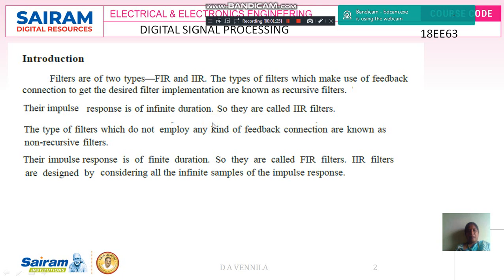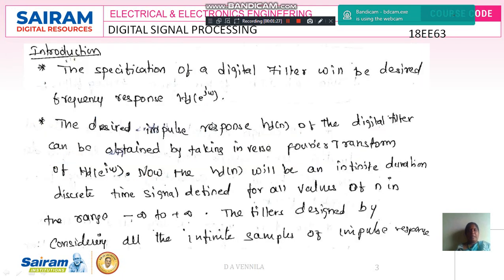Next, coming to the introduction to the IIR digital filter. The specification will be given, that is HD of e power j omega, the desired frequency response.